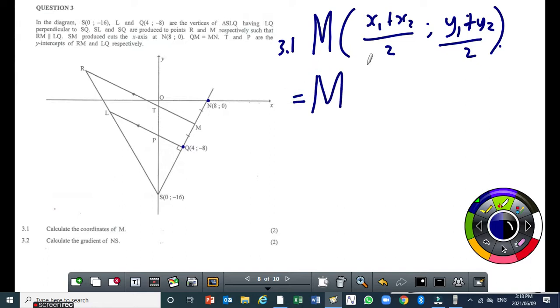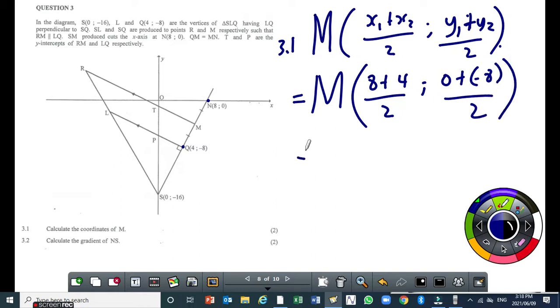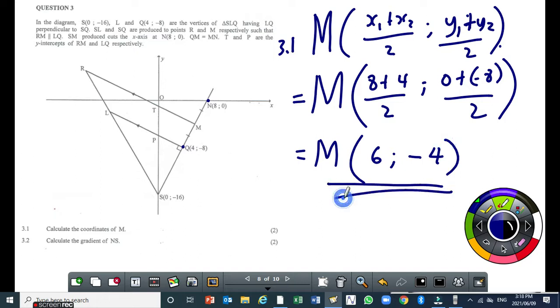So, for the coordinates of M, if you choose your x1 as 8 and 4 as your x2, it will be 8 plus 4 over 2, and for the y value, 0 plus minus 8 over 2. So my coordinates of M are going to be 12 over 2, that will be 6, then minus 8 over 2, that will be minus 4. Then we are there. Midpoint formula.